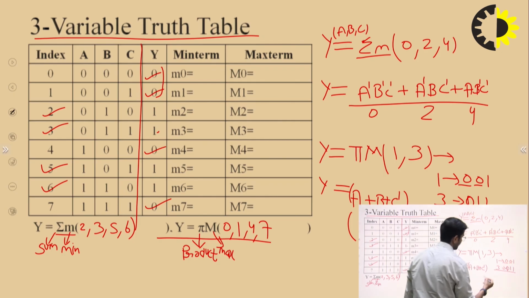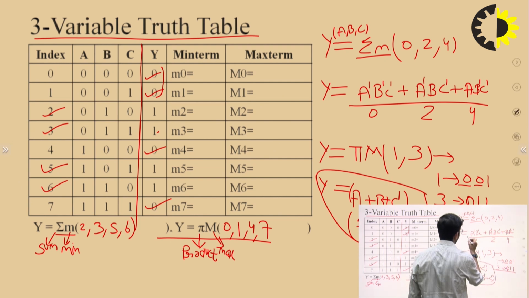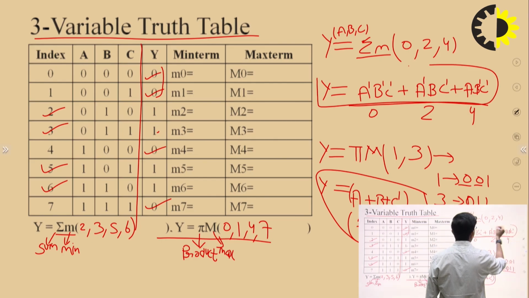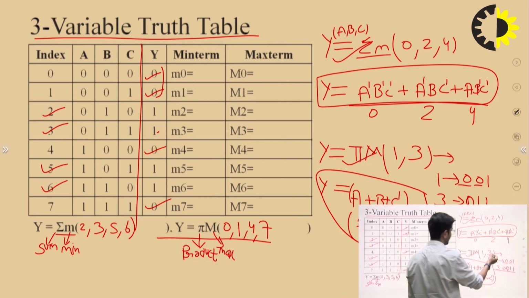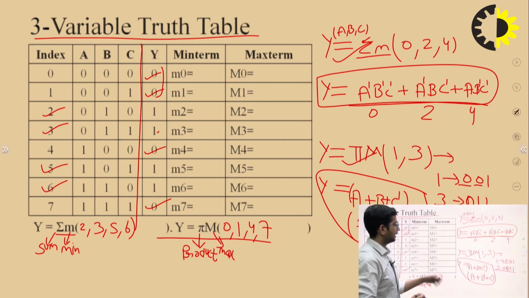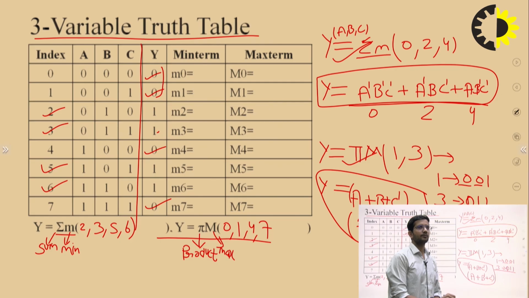For the 3, 0 we write as it is, and for 1 and 1 we take the complement of the bits, like B bar plus C bar. So that's how we represent any numbers into SOP and POS form if we are given the min terms and max terms.